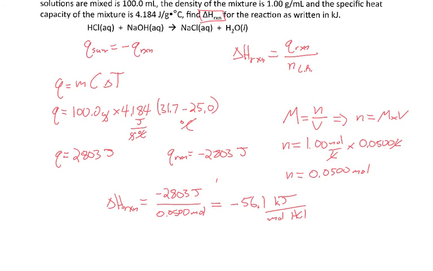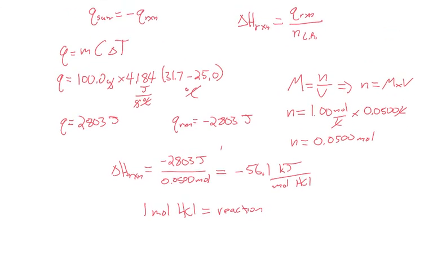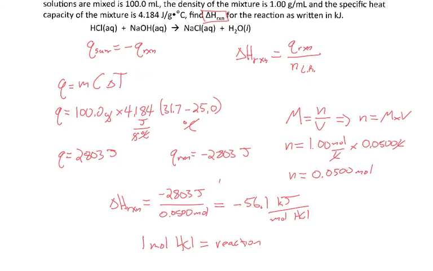The way we get from kilojoules per mole to kilojoules is that we're going to use that 1 mole of HCl, and I got that 1 from the coefficient of the equation, is what's going to take place in the reaction. And so if this coefficient had been anything but 1, I would use that number down here.